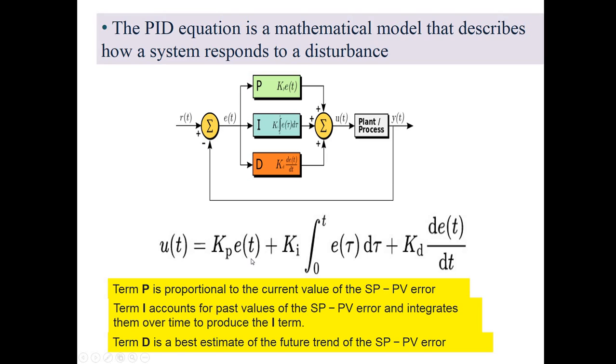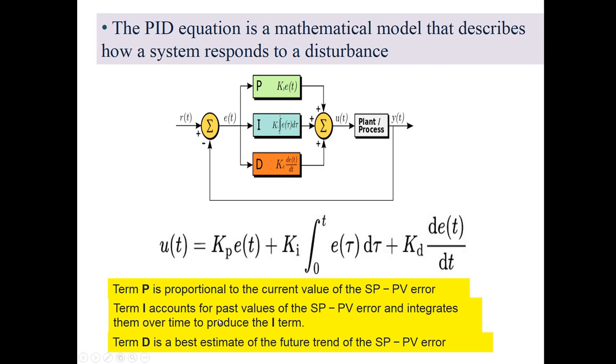So the equation can be written like below. Where the P is proportional to the current value of SP minus PV error. PV is here, SP is here. So this is the P. This is what they are saying, the term P is proportional to the current value of the SP minus PV error.